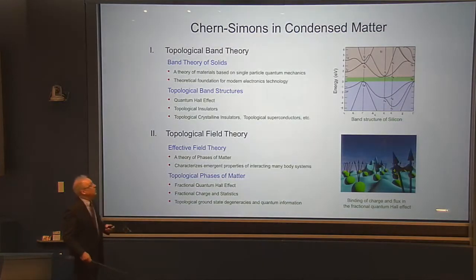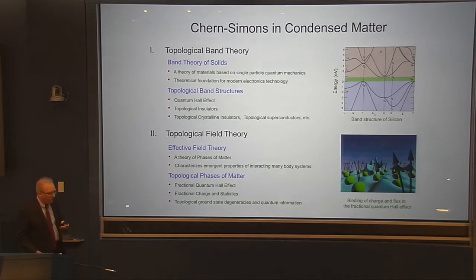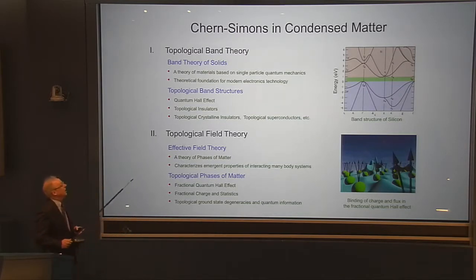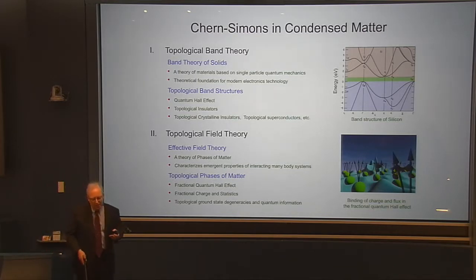I want to describe to you Chern-Simons in condensed matter physics, and there are two different ways in which it shows up, which are related to each other, but really different. The first one that I want to describe is in the context of the band theory of solids. Band theory was one of the biggest triumphs of quantum mechanics in the 20th century.